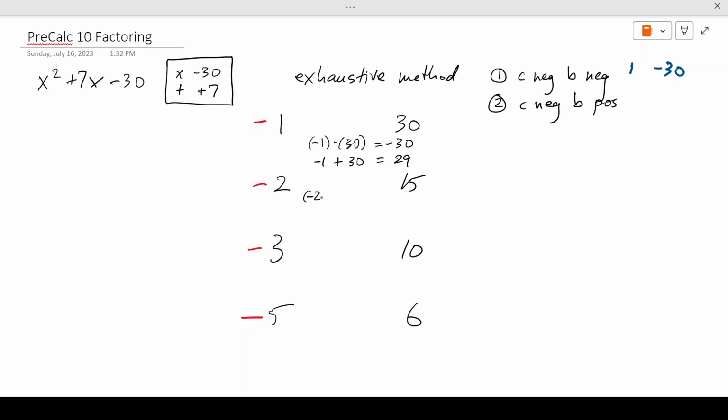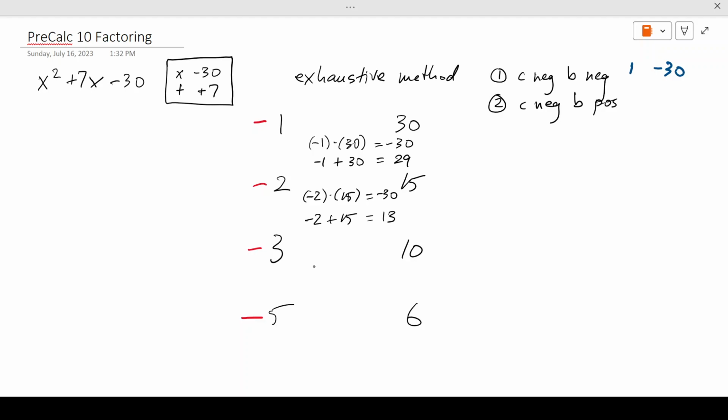Next, I'll try negative 2 times 15. That's negative 30, as we want. That's how we set it up. And now I'll add them. Negative 2 plus 15, that is 13. When you're adding one negative and one positive, you're effectively subtracting the negative from the positive. 15 minus 2, that's 13. 30 minus 1, that's 29.